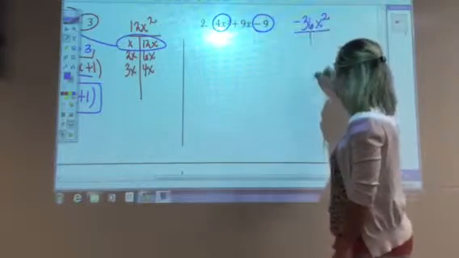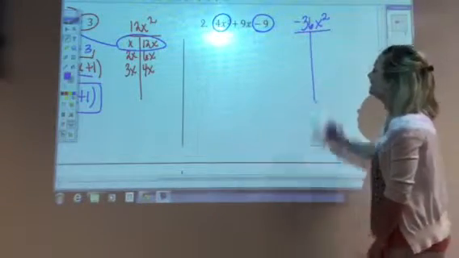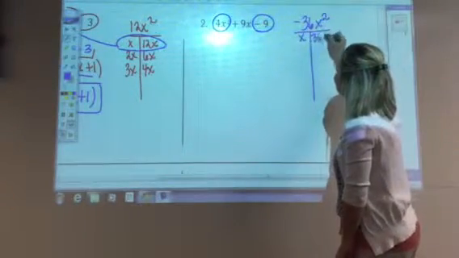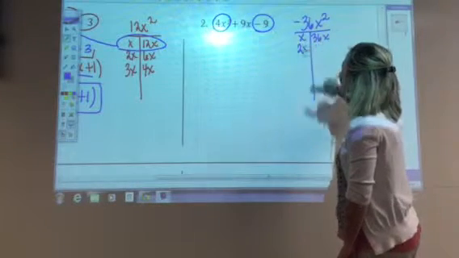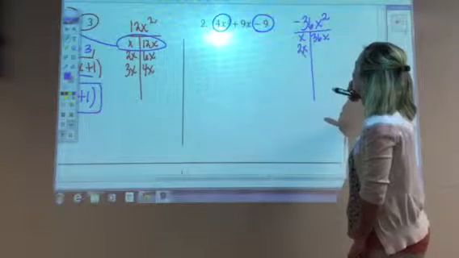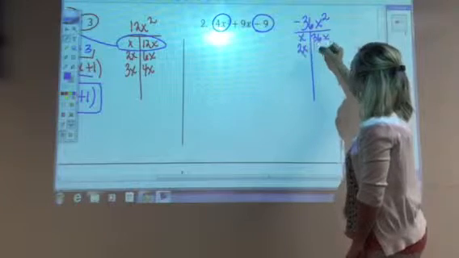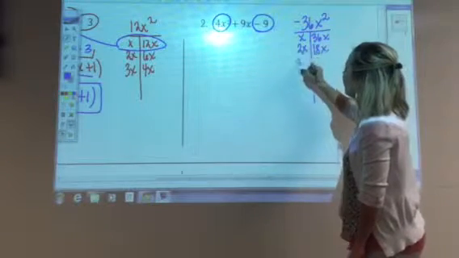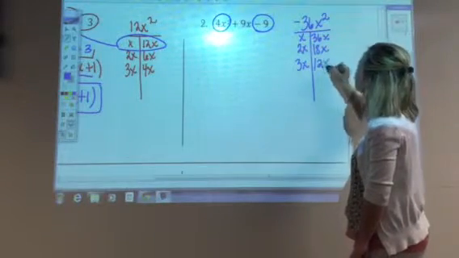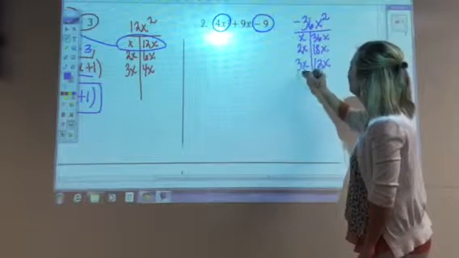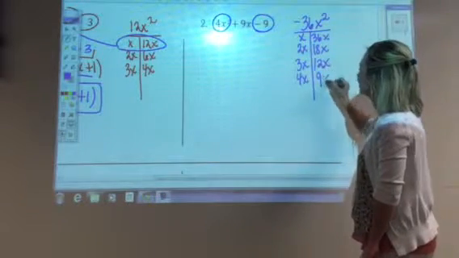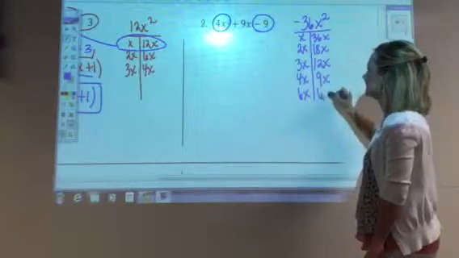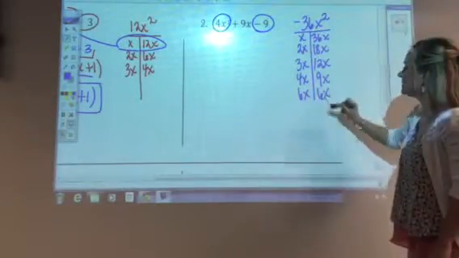Again, I'm going to go ahead and write all my factors of 36x. 1x, 36x, 2x, and, not 12, 18x, 3x, and 12x, 4x, and 9x, and then we have 6x and 6x, okay?